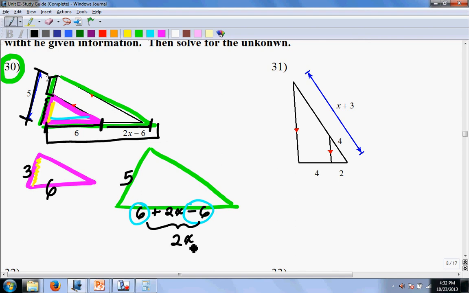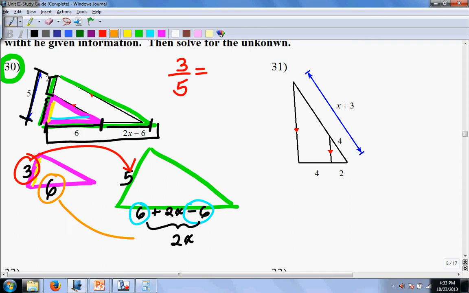Now you can make a proportion and solve for x. I'm going to go left to right. Circle 3 over 5. 3 over 5, left over right, equals left over right.